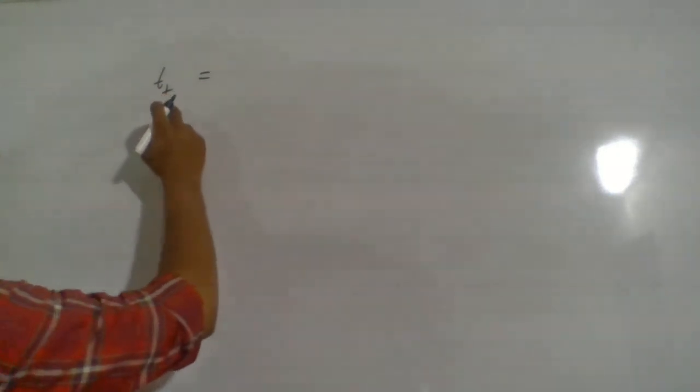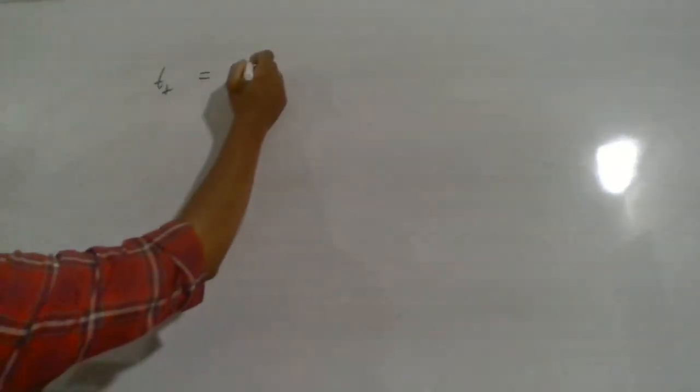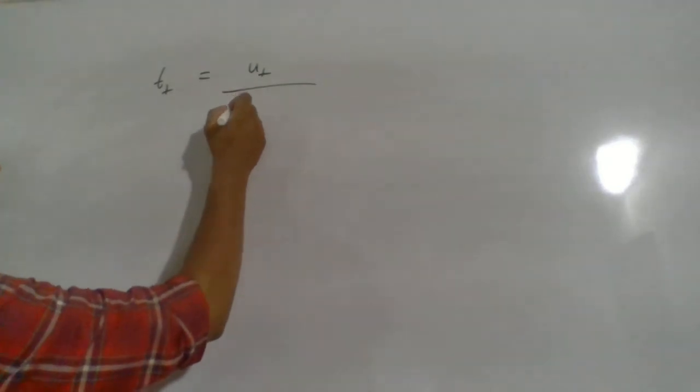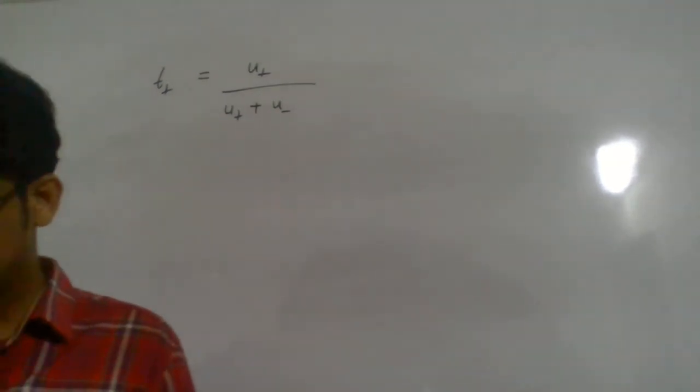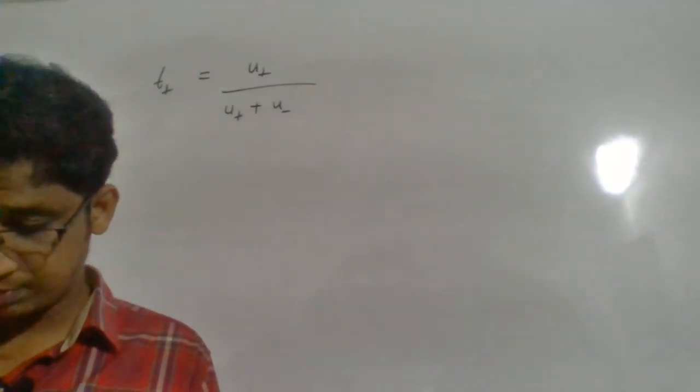Transport number T plus means the fraction of current carried by a particular cation, which will always be proportional to the speed of the cation. So U plus divided by U plus plus U minus. This is the equation that you can remember related to the transport number of cation.